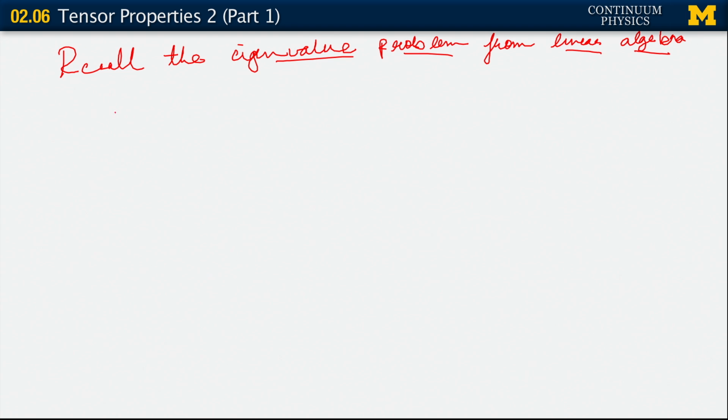As before, we have A belongs to GL3. Let's suppose that u is a vector. Furthermore, let's write lambda is a scalar. Okay, that's what we have.